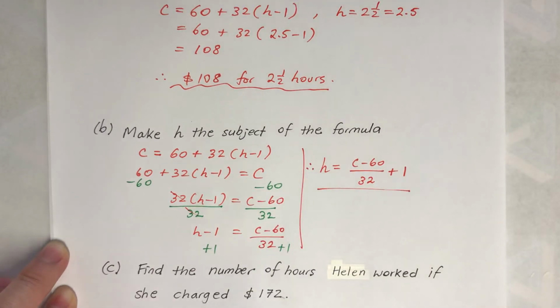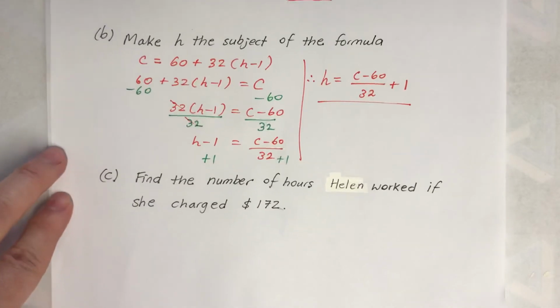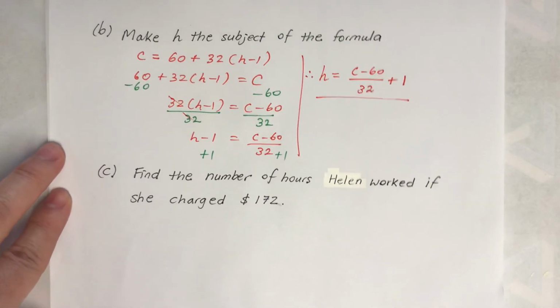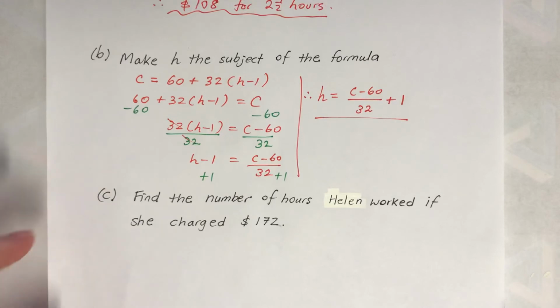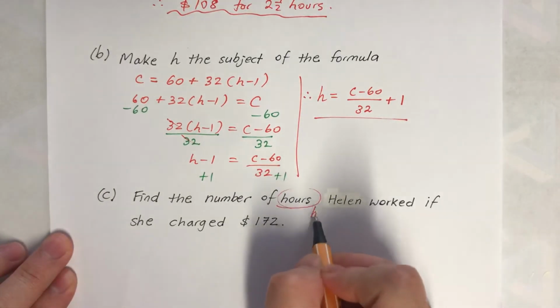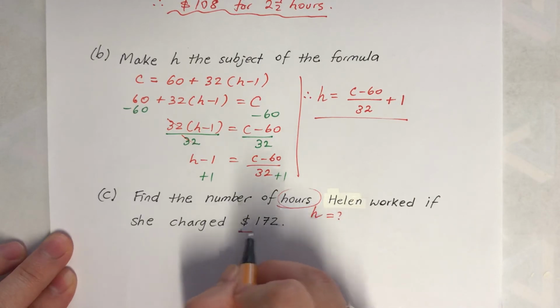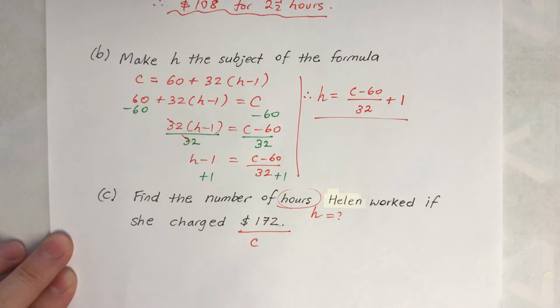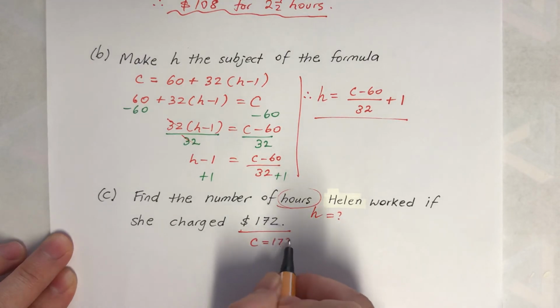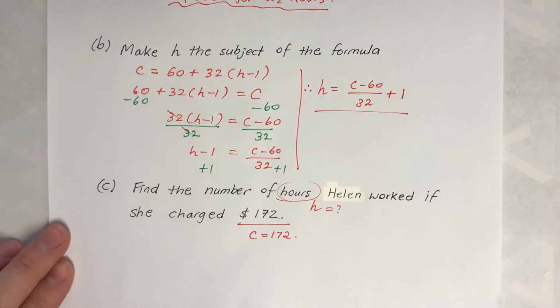That's my formula for H. And then what do we do? Find the number of hours. I'm looking for H here when Helen charged $172. So that's C equals 172.